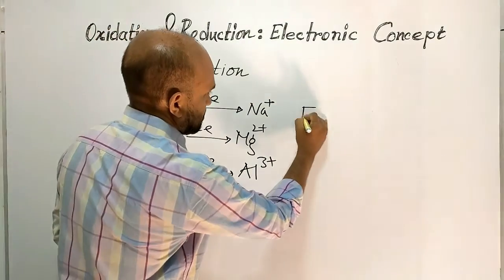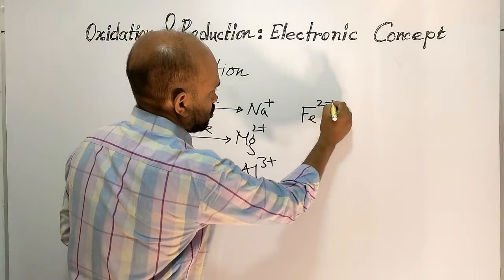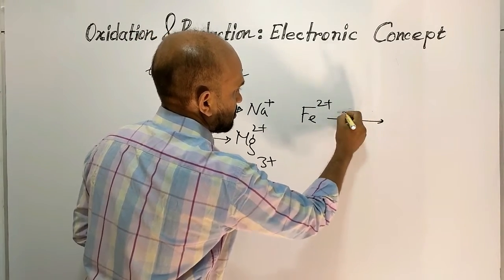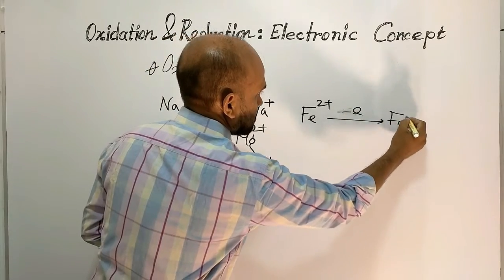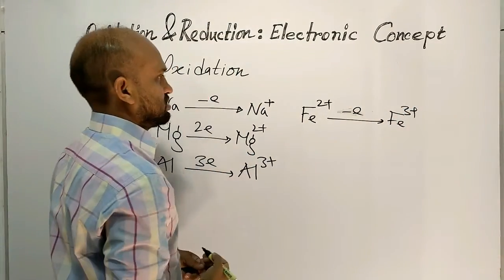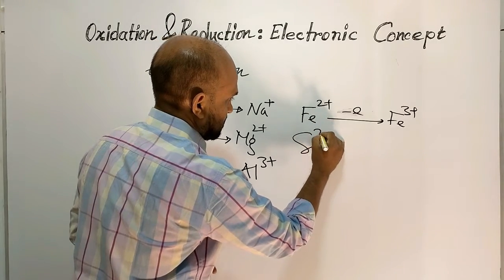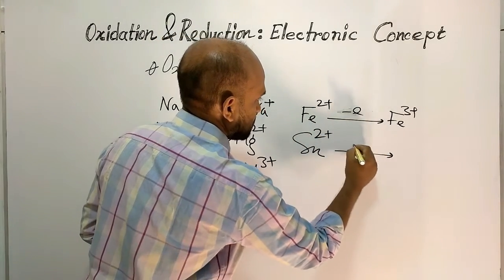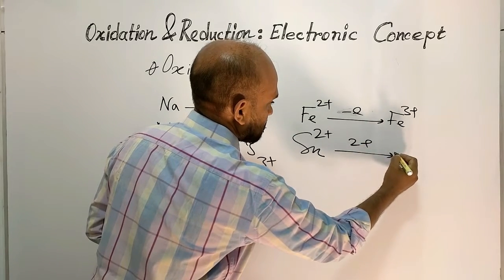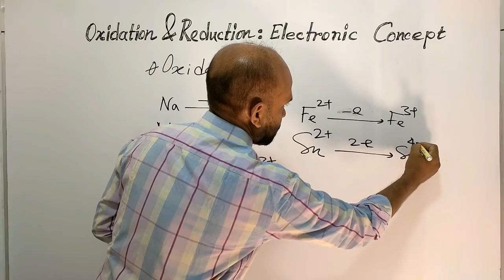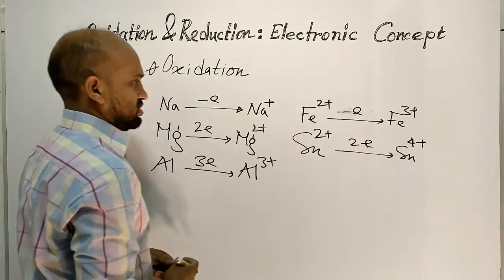Again, iron 2 plus loses 1 electron and iron 3 plus is formed. Tin 2 plus loses 2 electrons and tin 4 plus ion is formed.